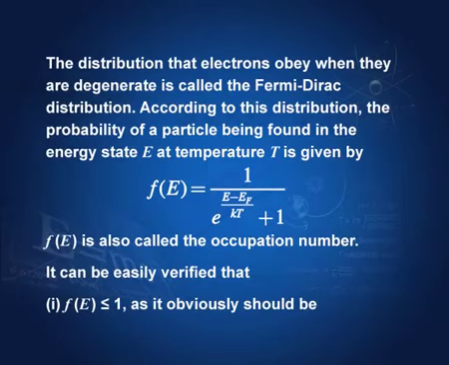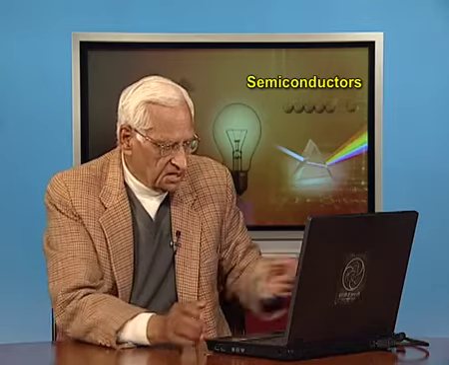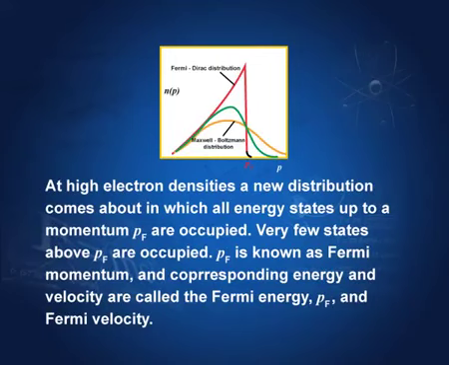The distribution that electrons obey when they are degenerate is called Fermi-Dirac distribution. When the Maxwell-Boltzmann distribution breaks down and the density becomes very high, then this distribution comes into play.